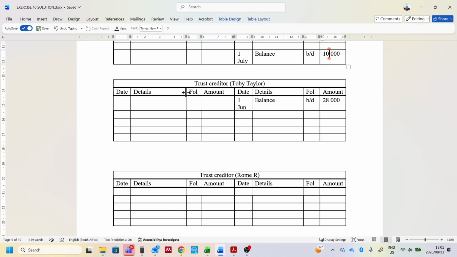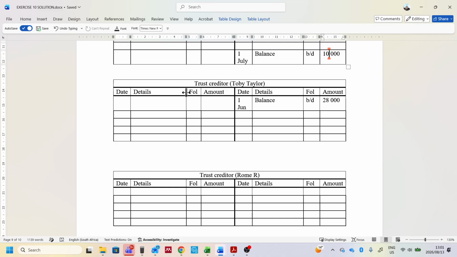All accounts that had a credit balance, the balance will be on the credit side. All the accounts that had a debit balance, the amount will be on the debit side. For all your income accounts, they will be on the what? Credit side. For all your expense accounts, the total will be on the debit side.